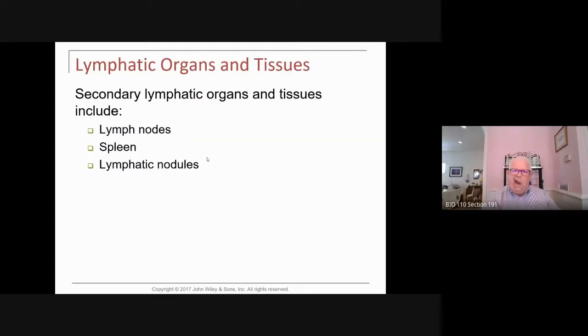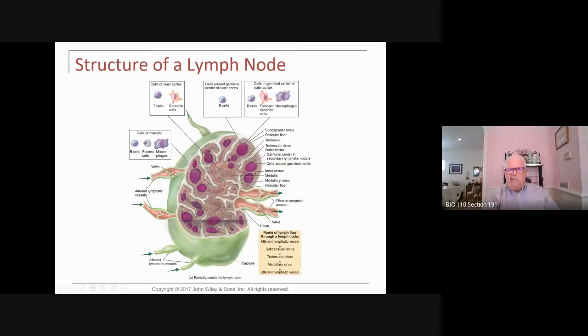There are secondary lymphatic organs. The secondary lymphatic organs are your lymph nodes, your spleen, and your lymphatic nodules. This is a lymph node. You don't have to know the structure of the lymph node. Just know where the lymph nodes are.